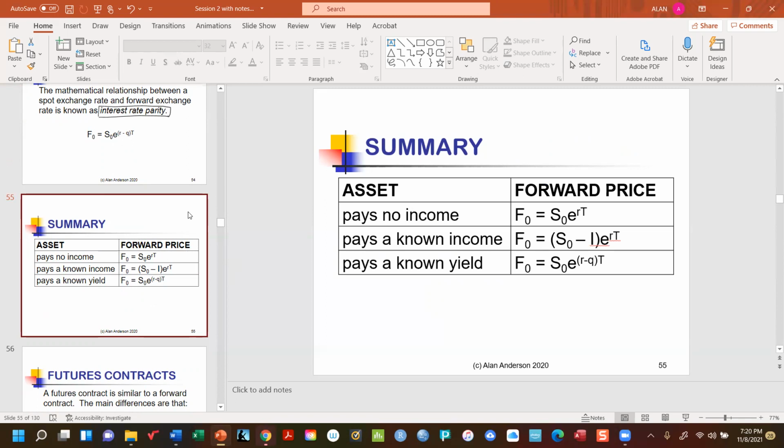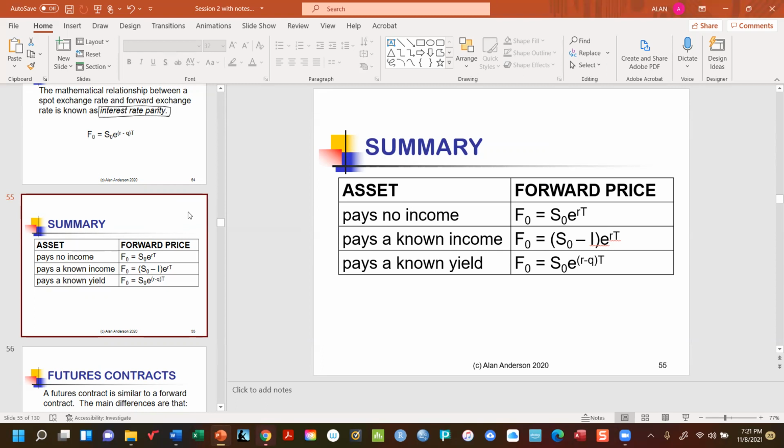The known income, think of this as a lump sum income, meaning that we get paid once in a while, like twice a year, four times a year. The last one, we're using the word yield here, but this implies that q is a continuously compounded rate of return. So these are the three main ways we can calculate forward prices, and they're all arbitrage-free relationships.